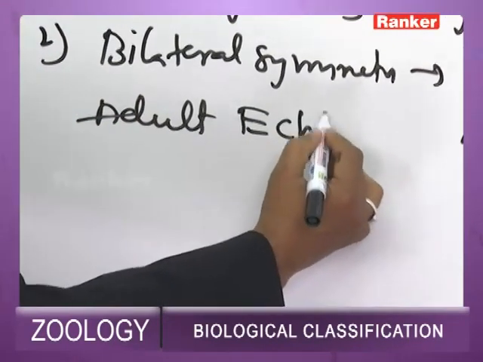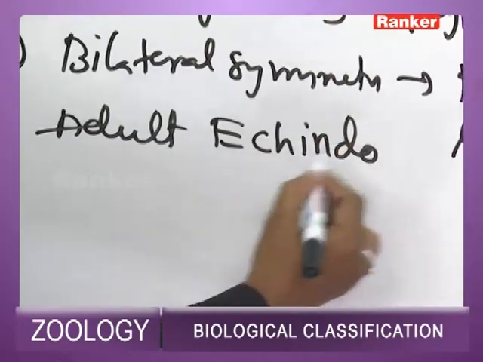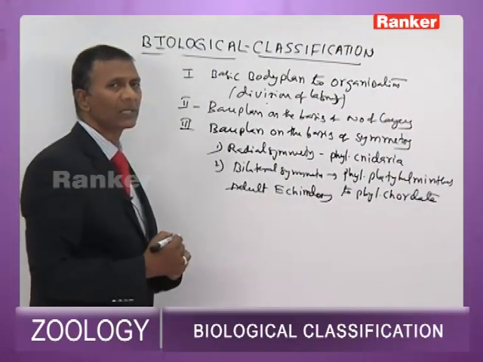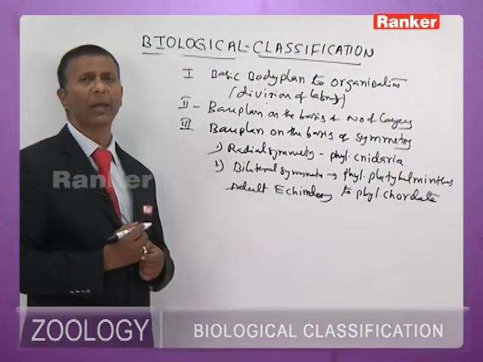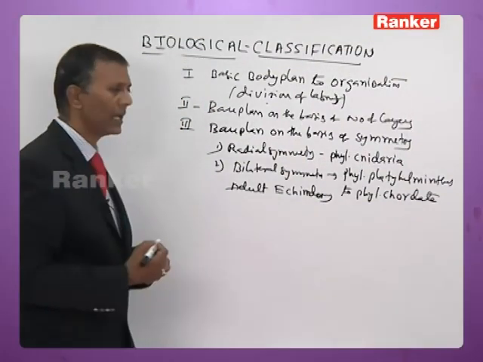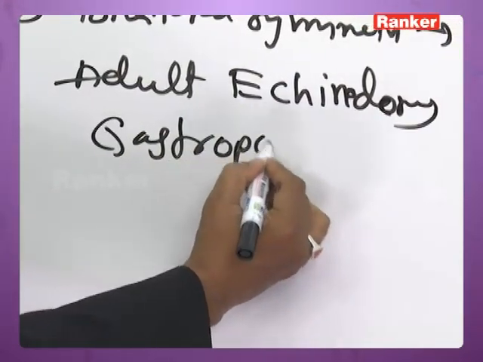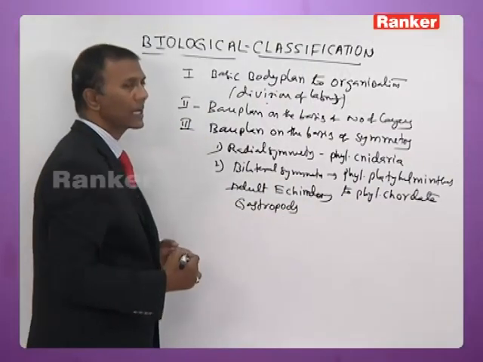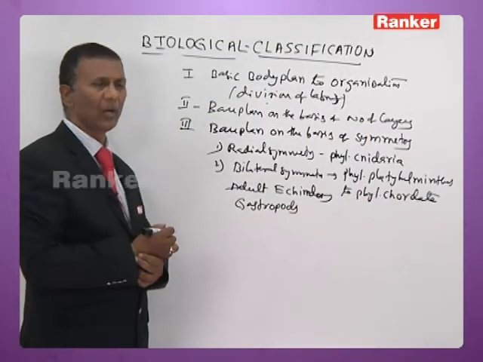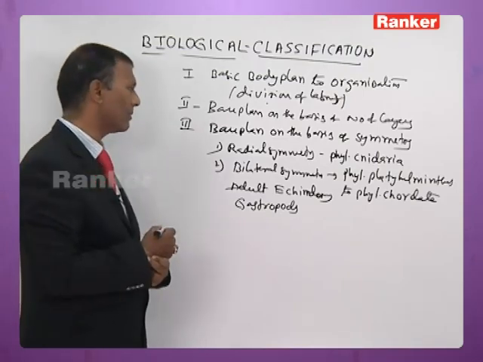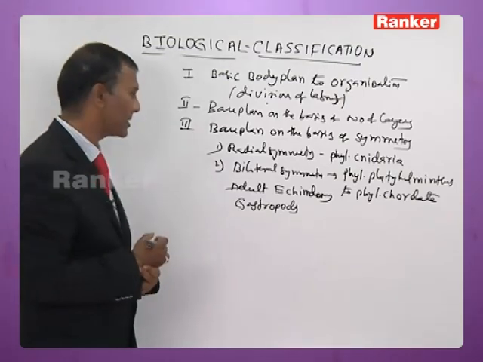In adult echinoderms, the larvae are bilaterally symmetrical, while adults are pentamerous radially symmetrical. Same way gastropods are asymmetrical because of torsion. So except these two groups, Platyhelminthes to Chordata all exhibit bilateral symmetry.